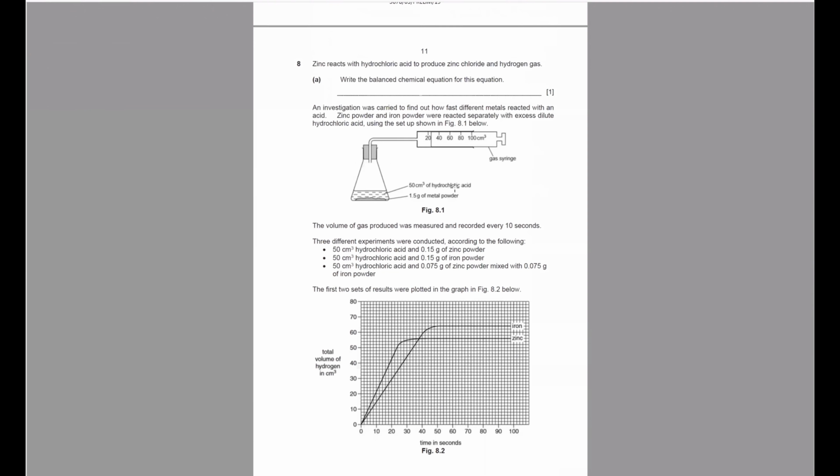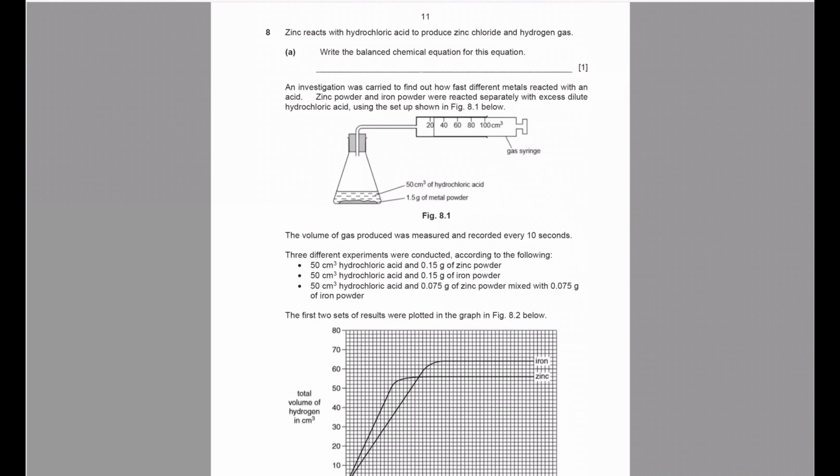For this question 8, you did not do the question, so let's just kind of run through it. Okay, the first part here, it says zinc reacts with hydrochloric acid to produce zinc chloride and hydrogen gas. So they say write the balanced equation. So we will write the balanced equation.